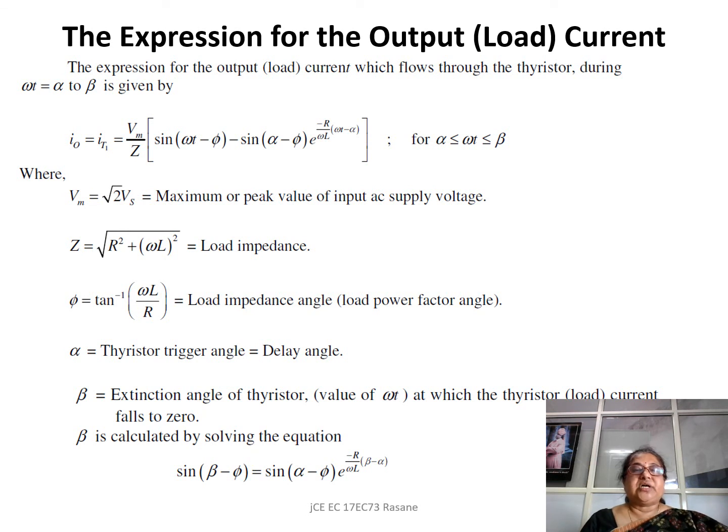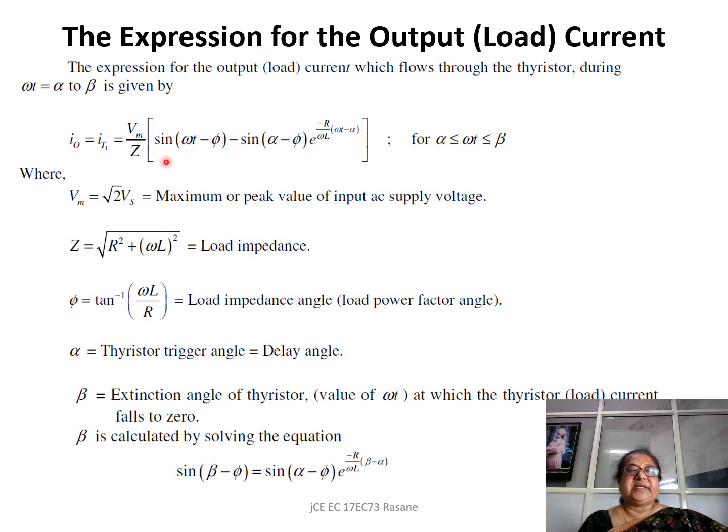Next, we also are using the term beta, and we know what is beta. Beta is the extinction angle of the thyristor, the value of omega t at which the thyristor or load current falls to 0. Beta can be calculated by solving the equation, by putting I0 equal to 0, because at omega t equal to beta, I0 is going to be equal to 0.